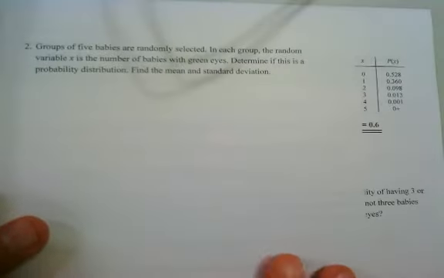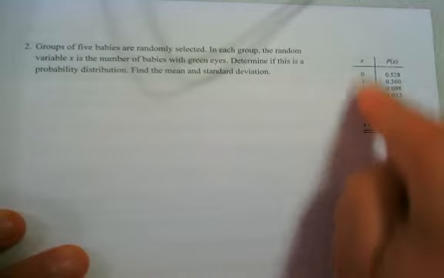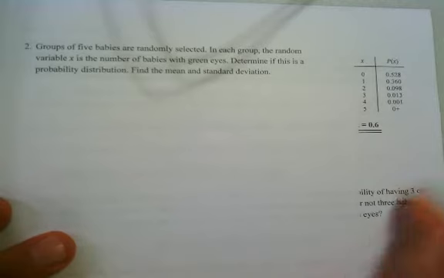Now, let's look at an actual probability distribution. We have here, given 5 babies are randomly selected in each group, the random variable is x. So here's the random variable, and you can see 0, 1, 2, 3, 4, 5.